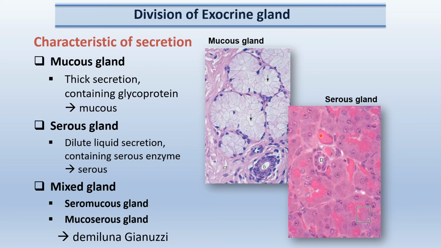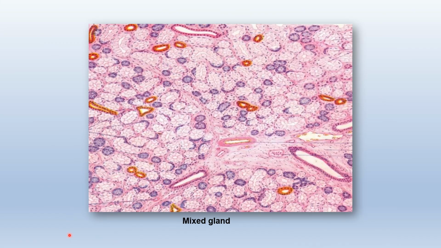In the serous gland, it is more acidophilic and there is a cuboidal nucleus in the middle of the cells. This picture is an illustration of the mixed gland. You can see in this picture there are mucous glands, there are serous glands, and the mix of the serous and mucous, and this is called the demilune of Giannuzzi.